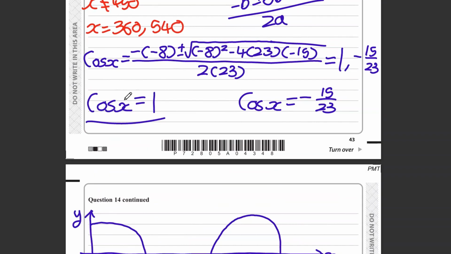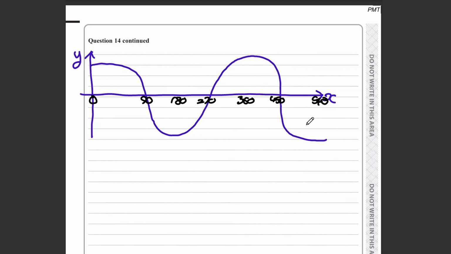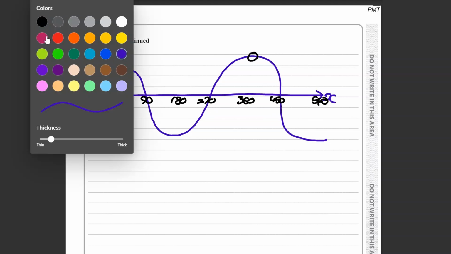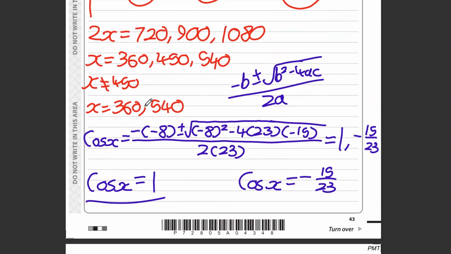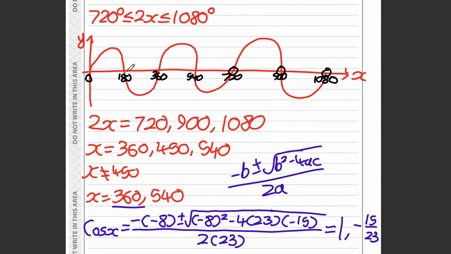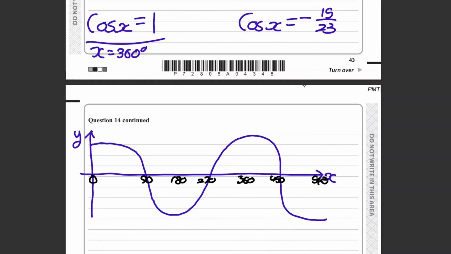We're looking for where cos x is equal to 1 between 360 and 540, which we can see is here. So here x is equal to 360 degrees. However, we actually already know this from sin 2x equal to 0, so this one doesn't really matter.